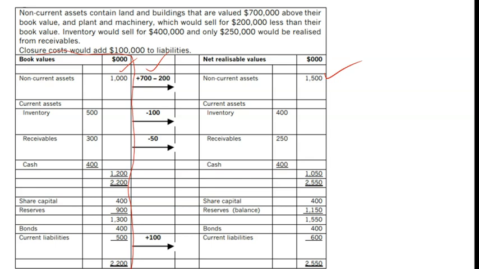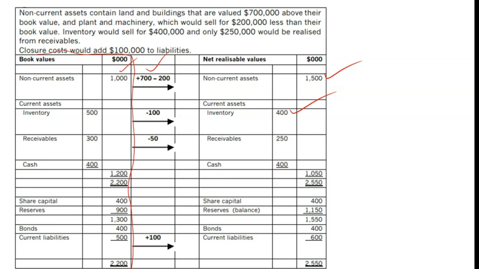Then we go to the current assets. The book value was 500, but we need to adjust this figure by what is obtaining on the market. The inventory would sell for 400,000, which means we need to deduct 100 so that the inventory value is adjusted to 400, because that's what we are going to fetch if we dispose of the inventory.